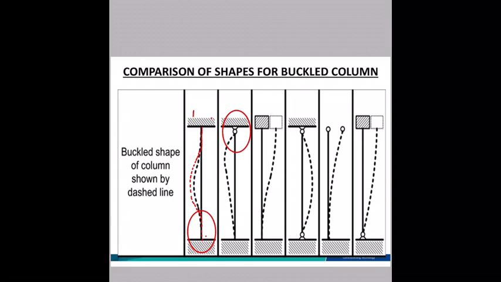So this is for fixed connection. And here is a pin. Here is a fixed. At the pin connection, it will start to buckle at the pin joint, and then as it goes near the fixed, it will go straight here.